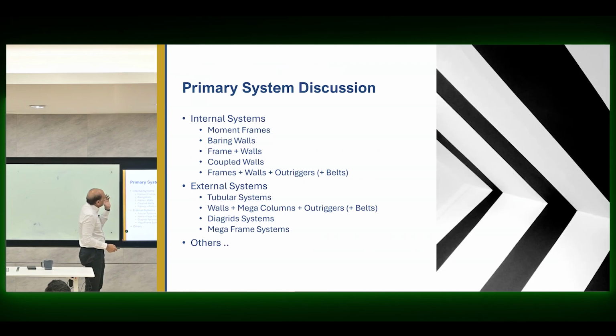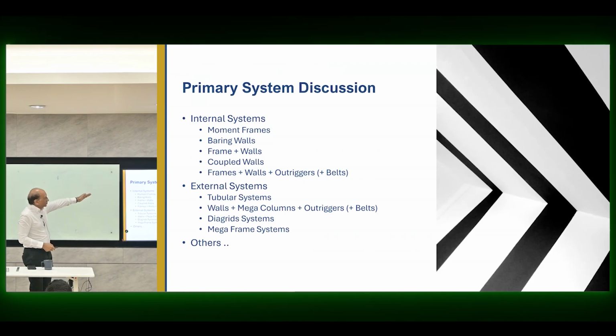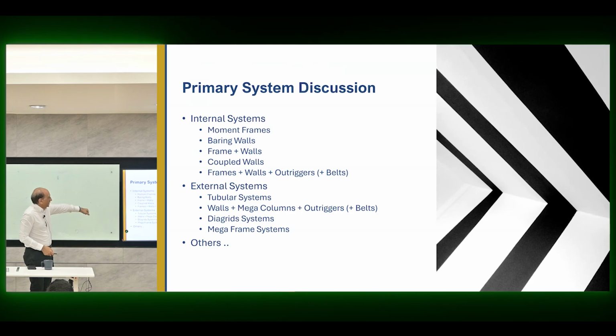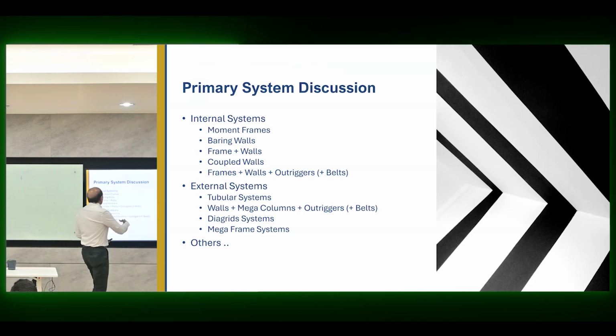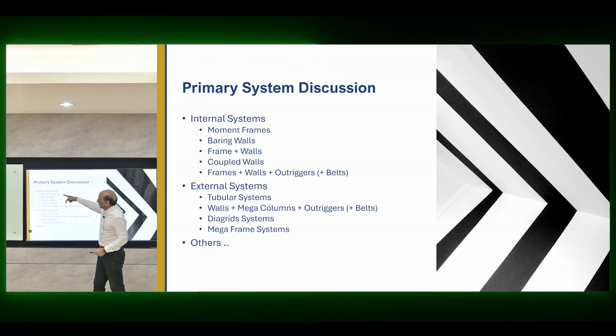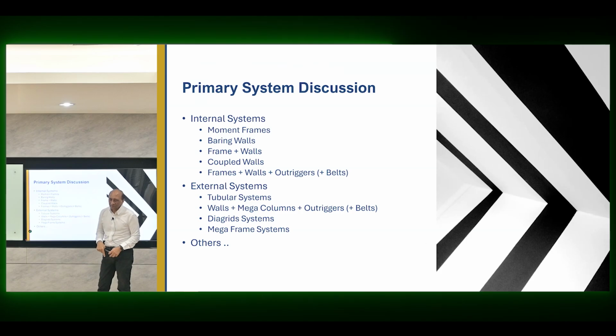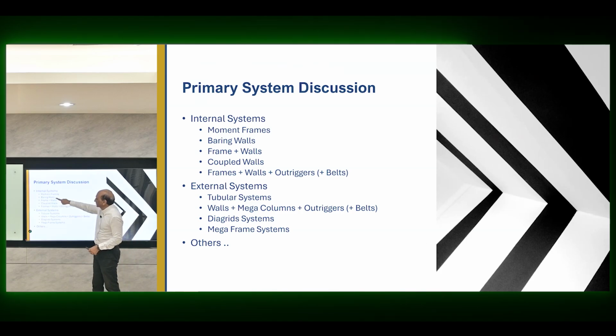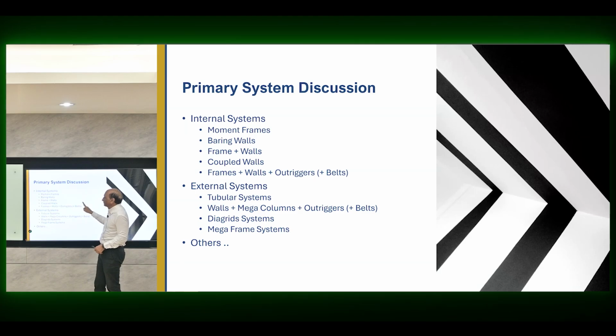So now, these are the primary systems that we can discuss, but of course, we will go beyond that. Internal systems, like I said, systems which are placed inside the building, are moment frames, bearing walls, frames with walls, coupled walls, outriggers, and belts. We will talk about them as one group.